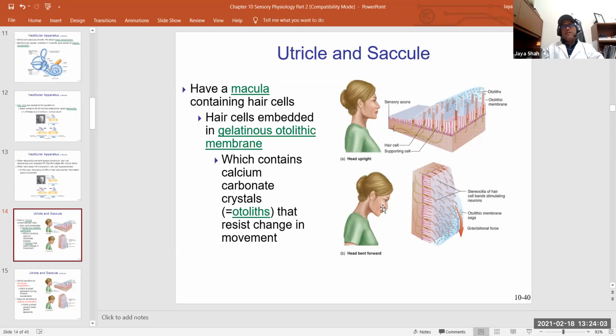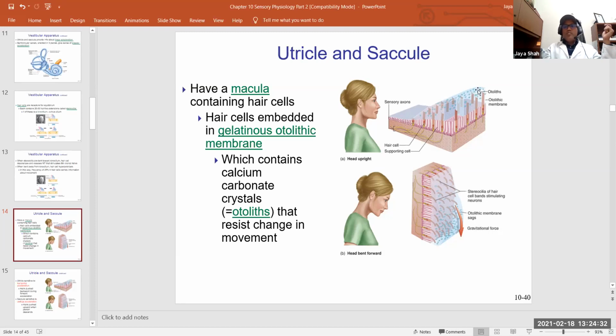Sometimes some people get vertigo. Vertigo means you will feel the room moving, you will feel nauseated, vomiting, and like your head will be spinning, even though you are not spinning your head. Do you know why that happens? Sometimes a small rock from here breaks off, and those rocks in the fluid here start moving randomly.